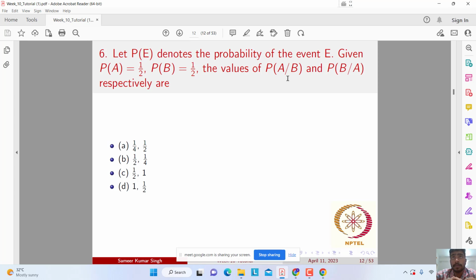This is a case of conditional probability. So try to solve it. You can consider them independent.